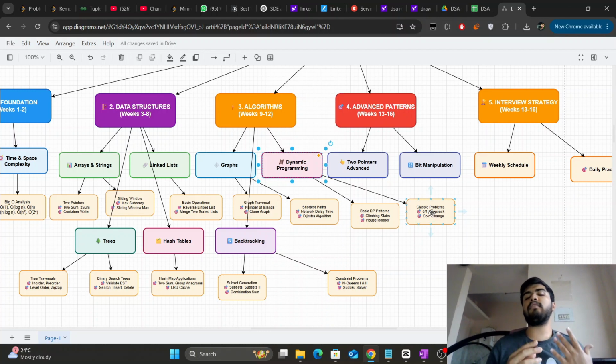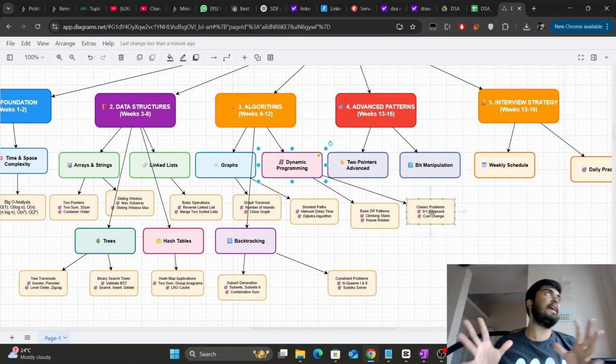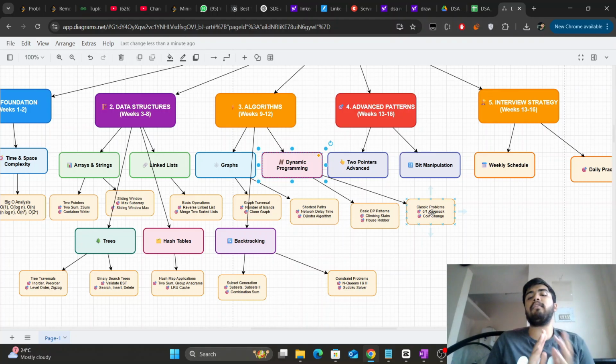I have not categorized the problems as 1D, 2D or 3D DP in the tables I am going to prepare, but I have categorized them based on the patterns we are going to use on that particular problem. These 4 to 5 problems you can't miss. We will eventually solve more than this, but these 4 to 5 problems are not to be skipped for sure.